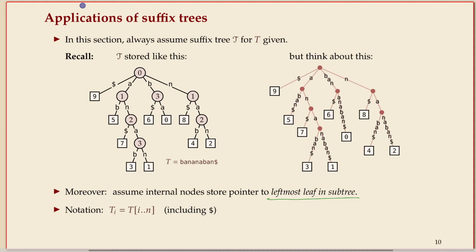I assume that all internal nodes, so every one of these red guys, has a pointer to the leftmost leaf in its subtree. So in this case, it's kind of trivial, but in general, it could be that it's not so clear how far away the next leaf is.